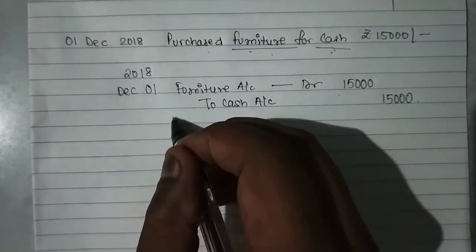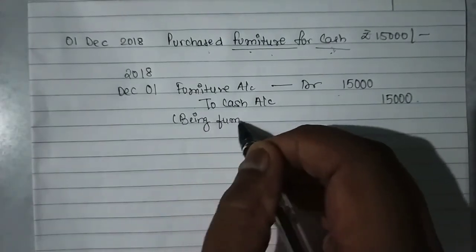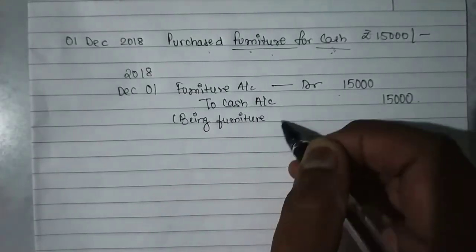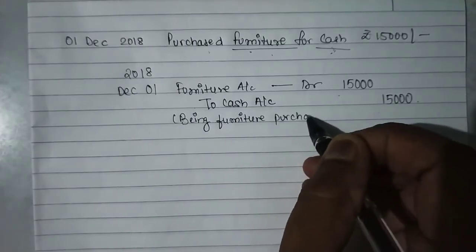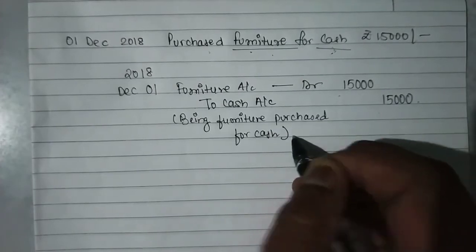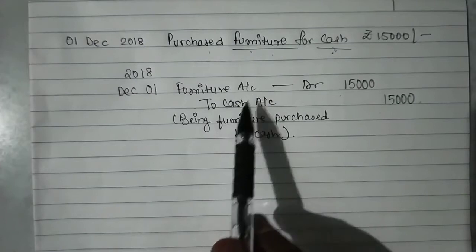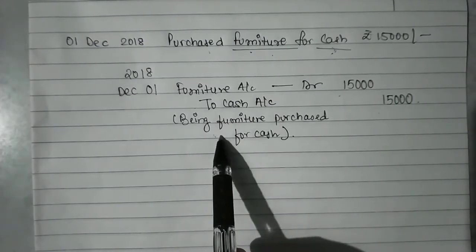And the narration would be, being furniture purchased for cash. So any layman who does not understand the journal entry can just read the narration and understand the transaction. Let us take another example so that it becomes a bit easier for you to understand.